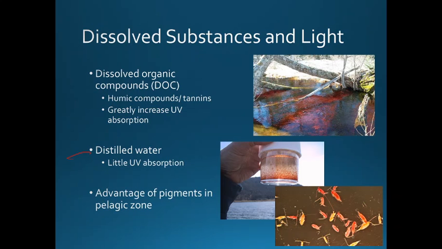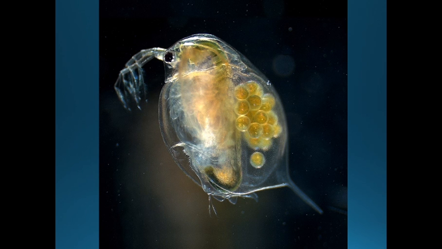And there's this interplay between having pigments to avoid getting sunburn, but also being really clear colored to avoid being eaten. So here is a Daphnia, and this Daphnia is really transparent.